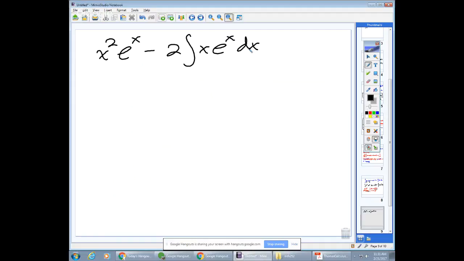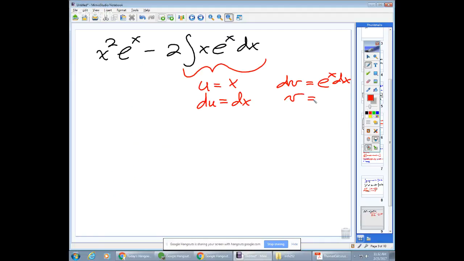Yeah. And we need to apply an integration by parts to this guy right here, which is kind of like what we did earlier. We're going to let u equal x. So du is equal to 1 dx. And then we'll let dv equal e to the x dx. And so v is again e to the x.